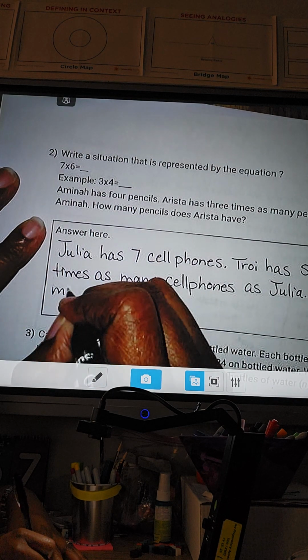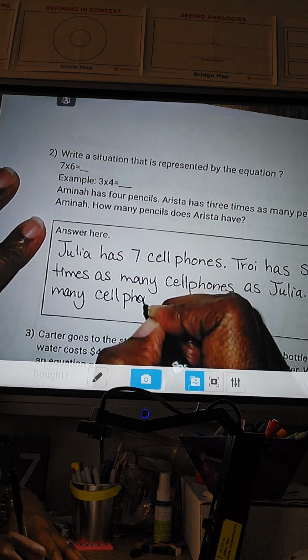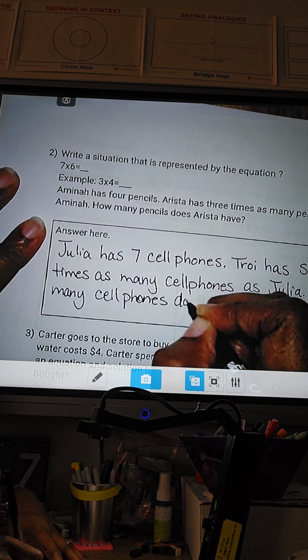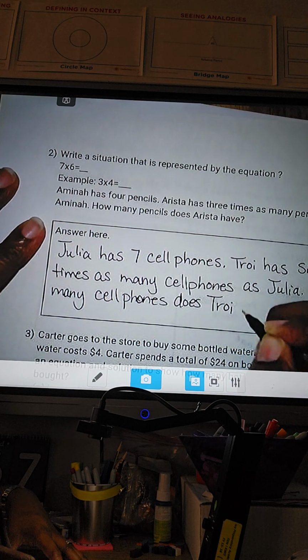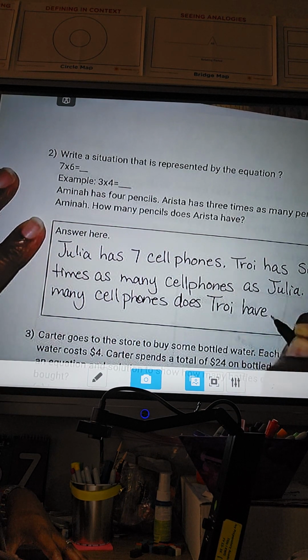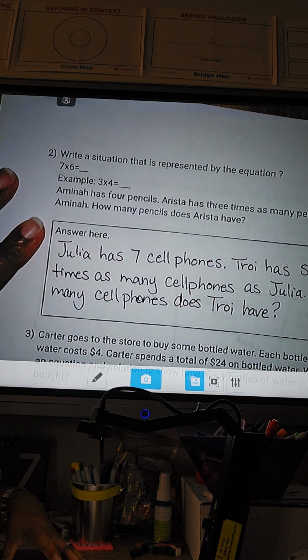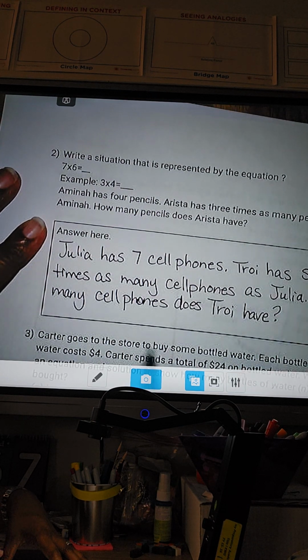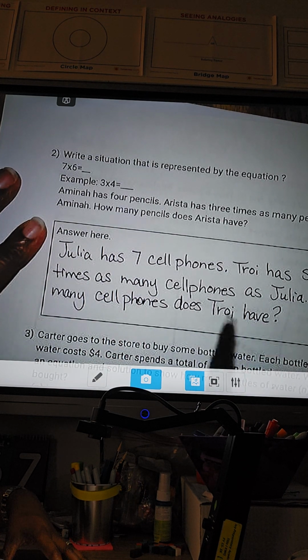How many cell phones does Troy have? Okay, so what I want you to do is make sure that when you do this problem, do it with your own names and your own representations. Okay?